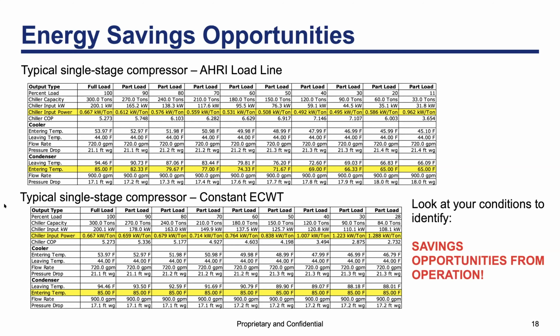If you crunch the numbers using the values at 60% capacity, the difference is even higher. I come up with a 30% difference in savings between running a chiller at an entering condenser water temperature of 74.3 Fahrenheit versus 85 degrees Fahrenheit.